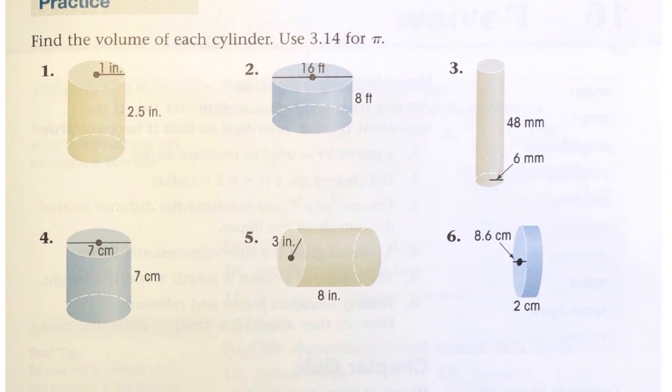So find the volume of each cylinder. Use 3.14 for pi. All right, so we're going to find our volume, and we're going to use 3.14 for pi, and then we're going to do the radius squared.